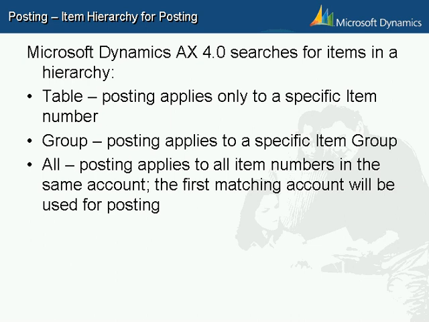Microsoft Dynamics AX searches for items in a hierarchy. Table posting applies only to a specific item number. Group posting applies to a specific item group. All posting applies to all item numbers in the same account. The first matching account will be used for posting.